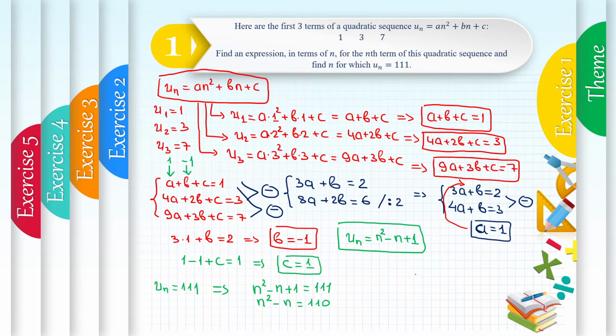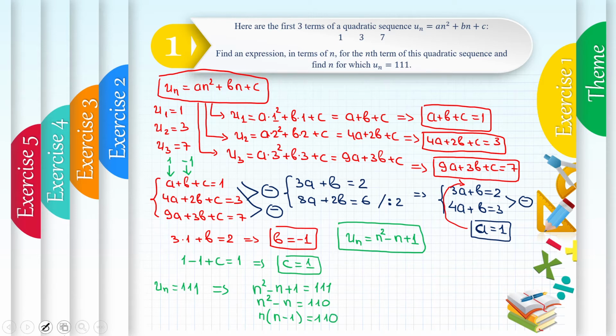We can solve this equation using the general form, but it can be solved using a small trick, because we are solving in positive integers, and the left side of this equation can be factorized in the form n multiplied by n minus 1 is equal to 110.